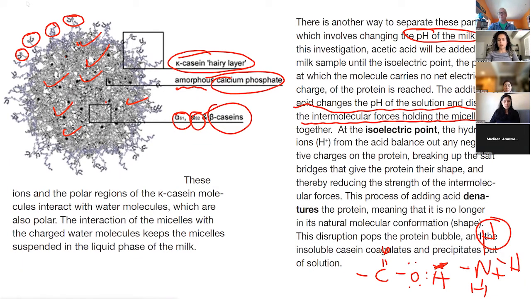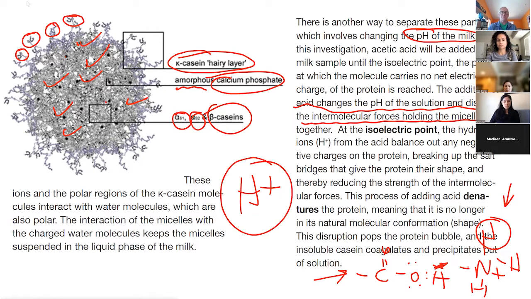I'm sorry. So yeah, the more acidic you get, the less charge you'll have on the acidic ones, and actually the more charge you will have on the basic ones. Sorry, because when you increase the concentration of H+, more and more of the basic amino acids will get charged with a positive charge.